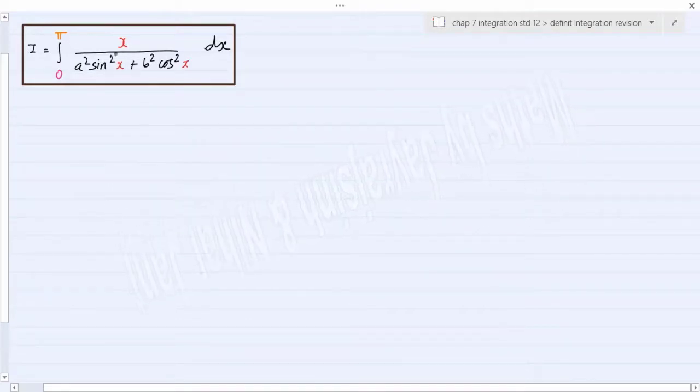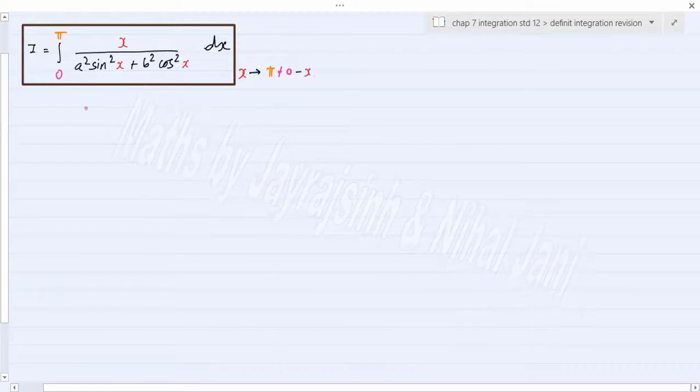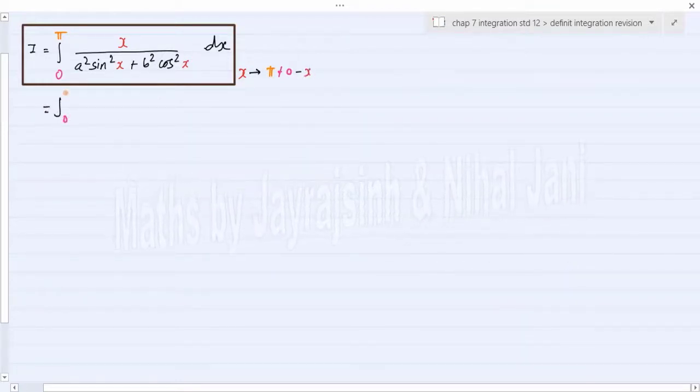In this question, we have to integrate x upon a square sine square x plus b square cos square x. So the first step is to change your x to pi plus 0 minus x. So here the integration will be from 0 to pi.